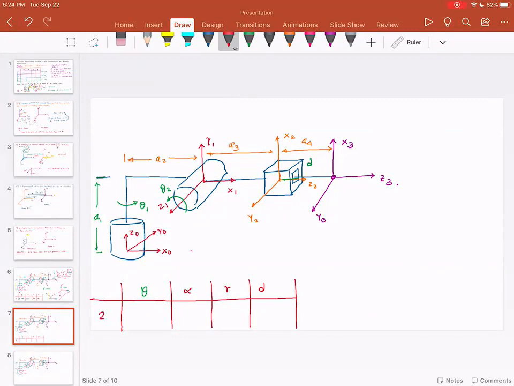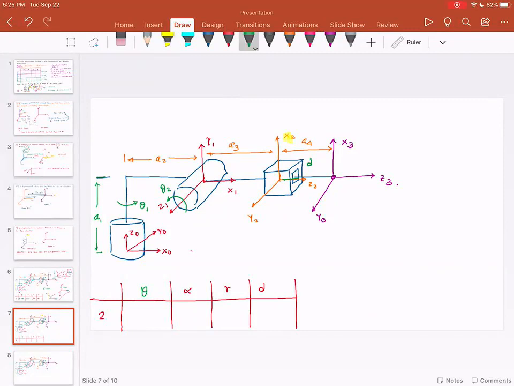One thing I just want to let you know is, if you look at frame 2 and frame 3, one rule is not satisfied. If you look at x2, x2 is perpendicular to z2, x2 is perpendicular to z1, but x2 is not intersecting with z1. x2 is intersecting with z2.